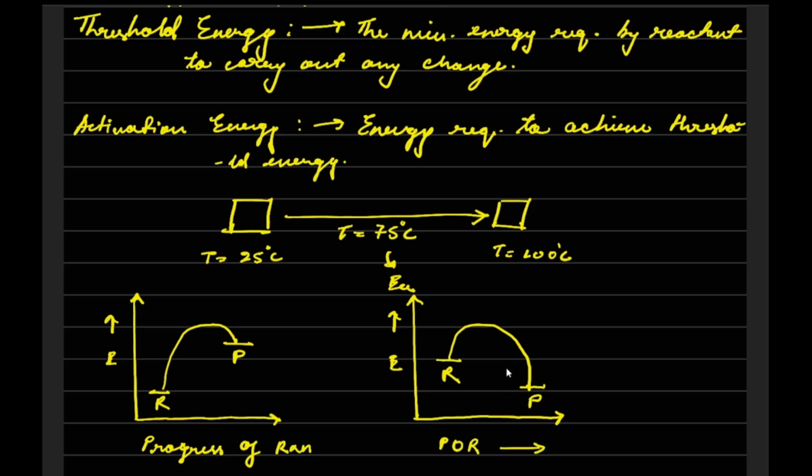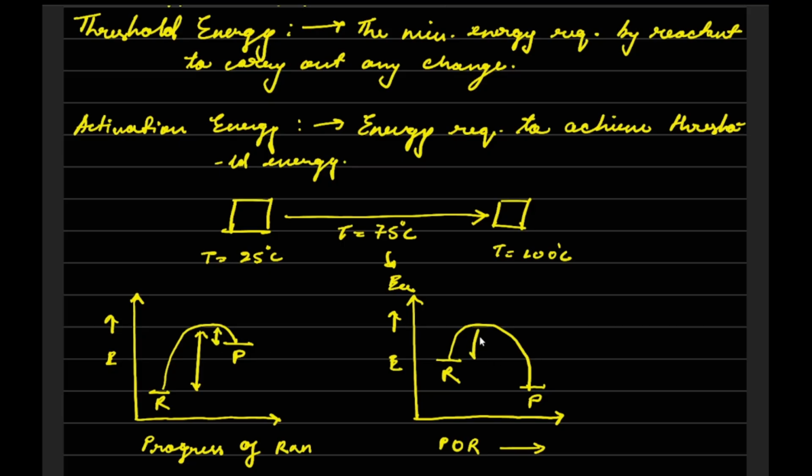So here the reactant is at lower energy whereas the product is at higher energy. Whereas here the reactant is at higher energy whereas the product is at lower energy. So here the reactant is more stable as compared to the product, whereas here the product is more stable as compared to the reactant. Now this is the activation energy, and this is also the activation energy.